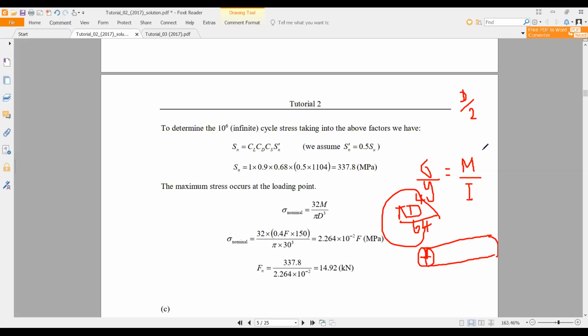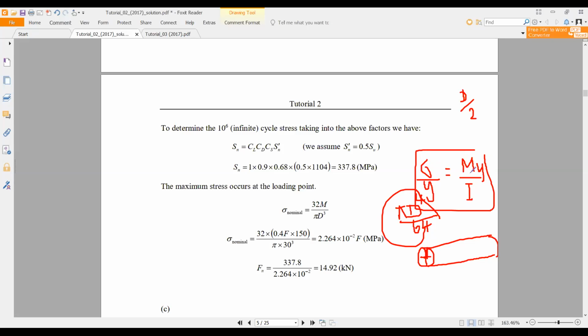So this is the relationship between bending moment and stress. You put the y this side, M times d divided by 2, over the second moment of inertia, this one.